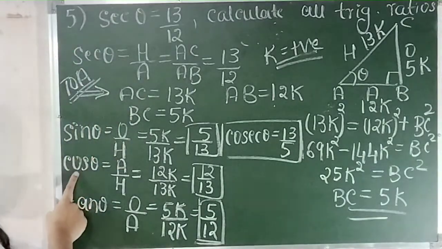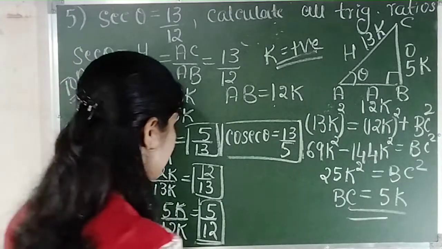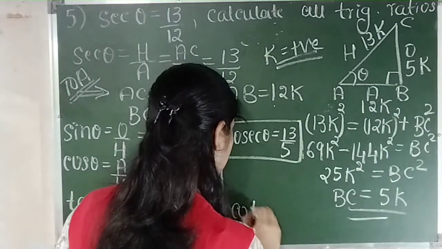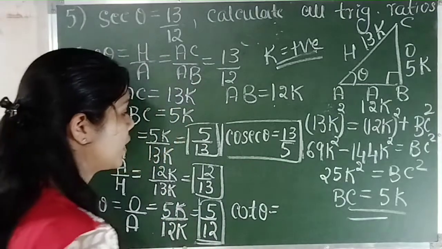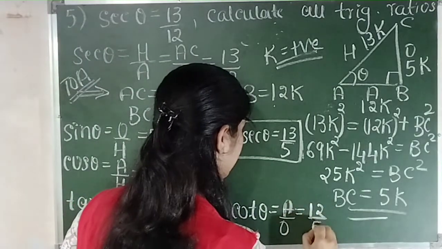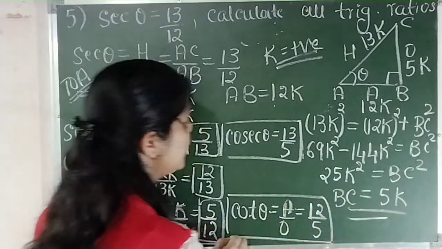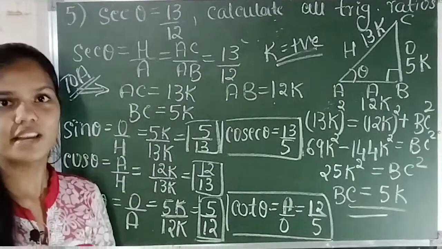Next, the reciprocal of cos is secant, already given. Reciprocal of tan is cot. Cot theta is equal to adjacent by opposite, that is 12 by 5. Just the reciprocal of tan theta. So these are the other trigonometric ratios.